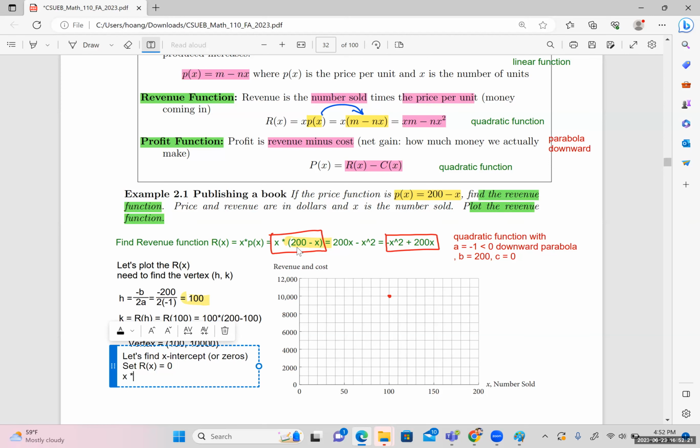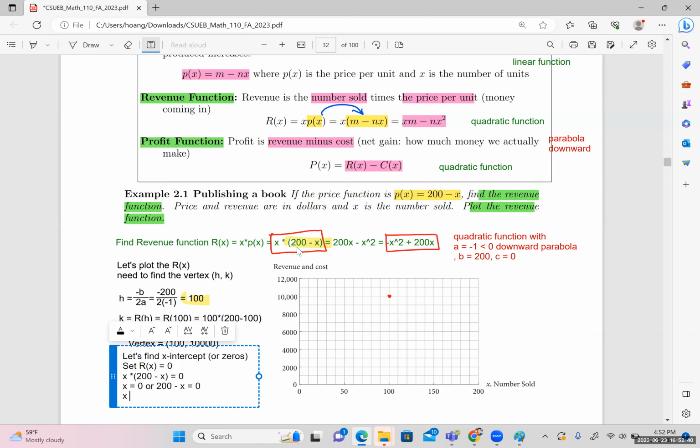So x times 200 minus x equal to 0. So we have x equals 0 or 200 minus x equals 0.